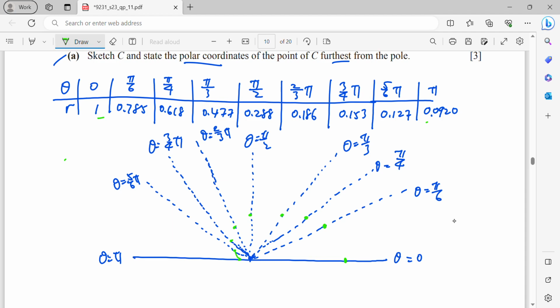So then I will join all the points. Okay, so please draw according to the scale. Here I will just roughly show you the shape. Okay, basically you should get this shape.